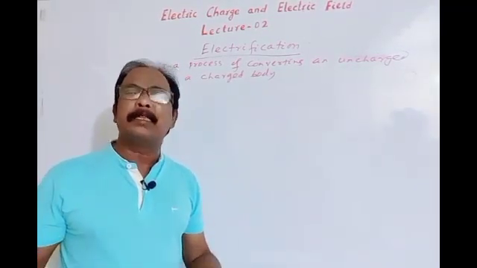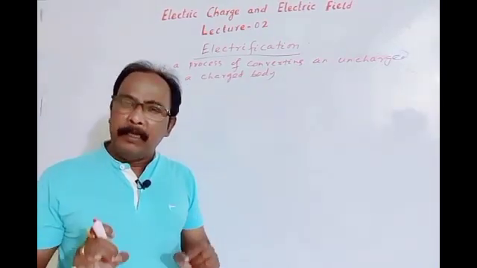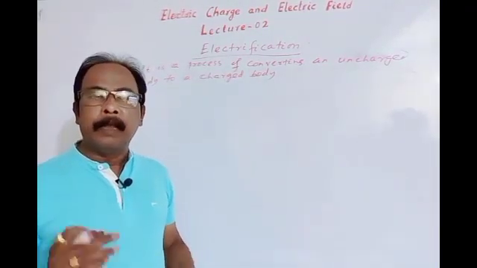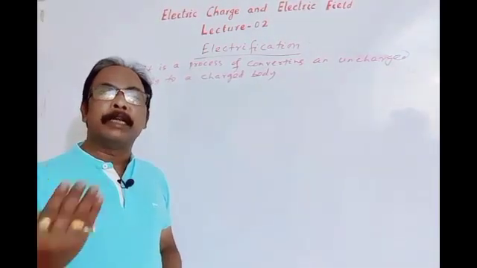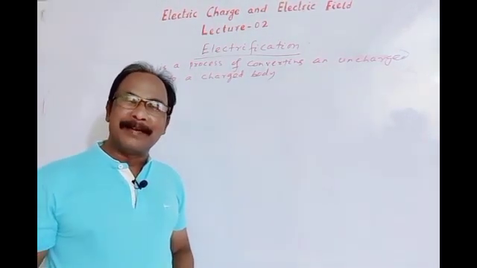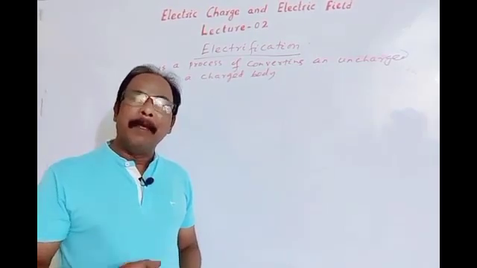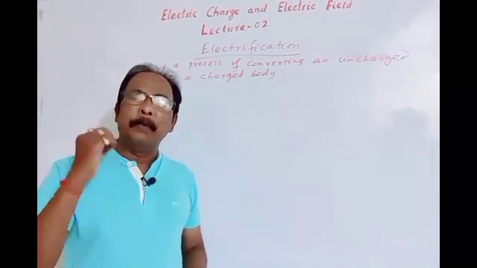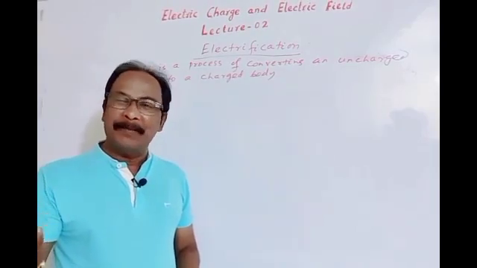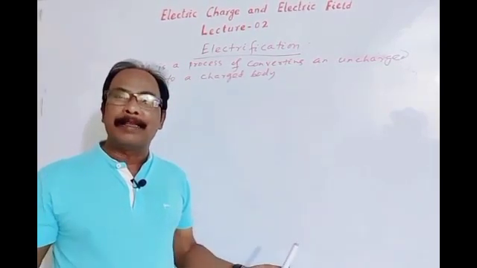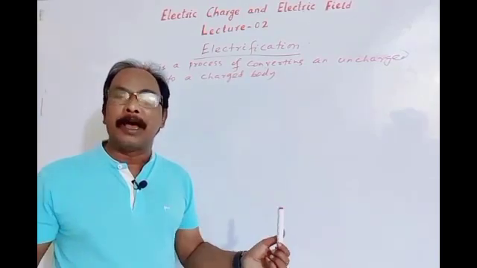If a body loses electrons, due to deficiency of electrons, the net charge on the body becomes positive, so the body is said to be positively charged. Similarly, if a body gains electrons, due to excess of electrons, the net charge becomes negative and the body is said to be negatively charged.